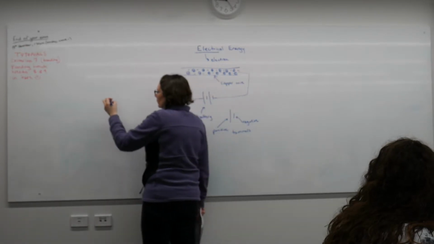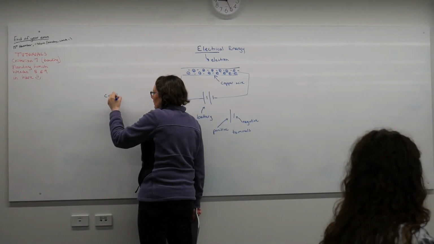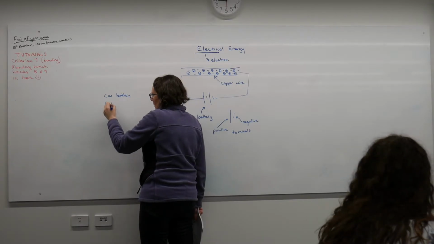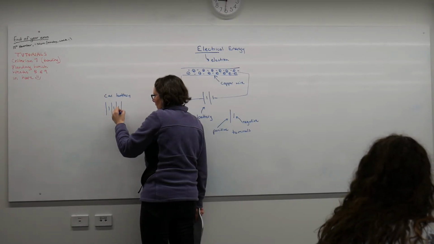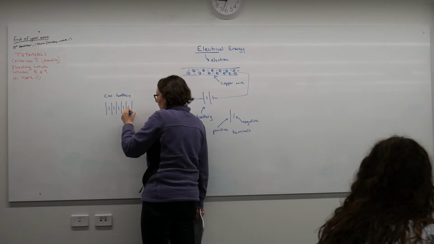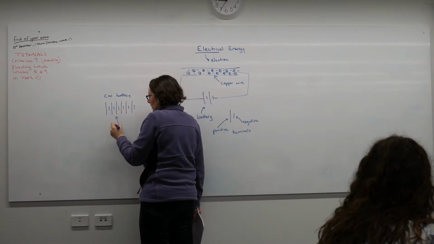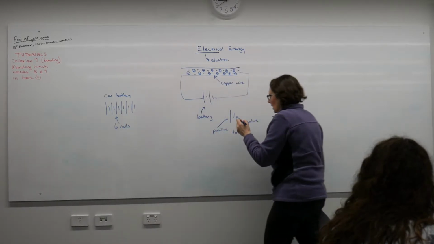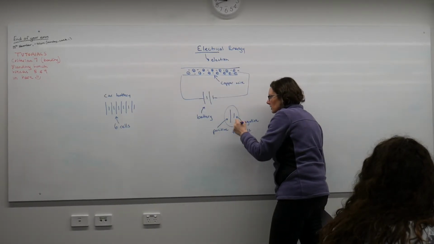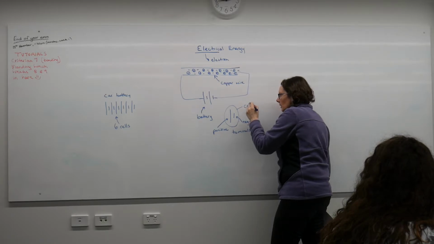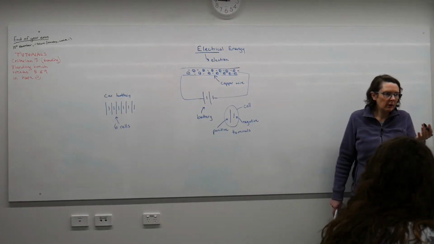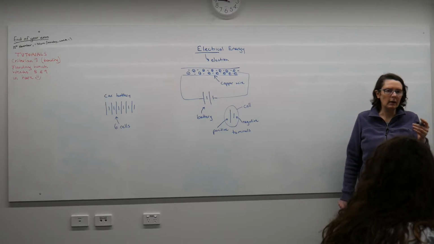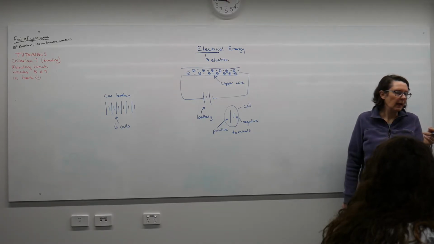And if we think about a car battery, it's actually 6 cells. So this represents a cell. Americans call their mobile phones cell phones. Yeah, and they're right. They have a cell.